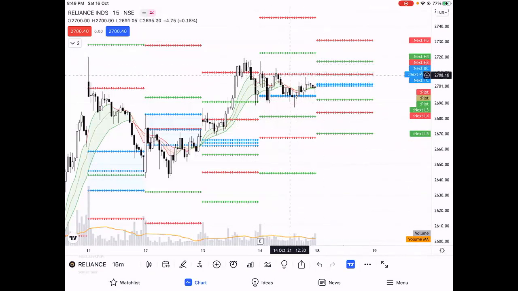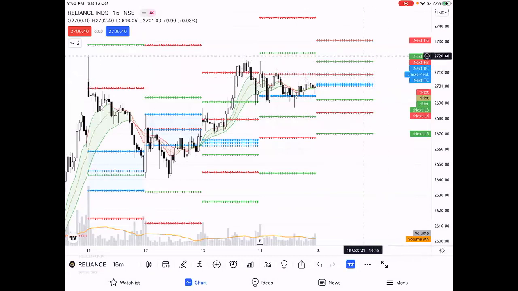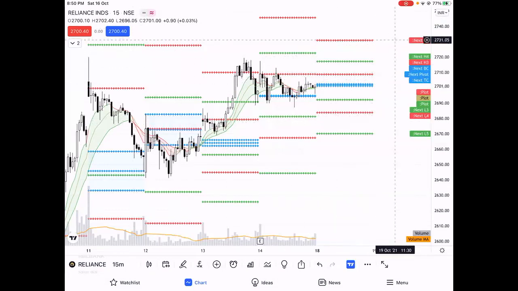If you see any time price is taking out this particular level on Monday and is able to sustain, right? Definitely there is going to be a trend continuation on the upside, right? And Reliance can go up till 2730 and up, and then to H62, right? So easily it can give you around 1 to 2%, correct?